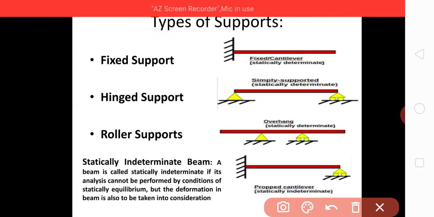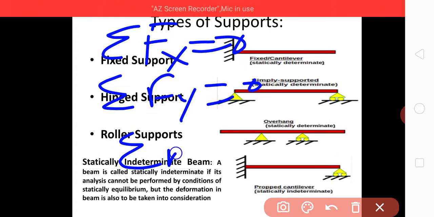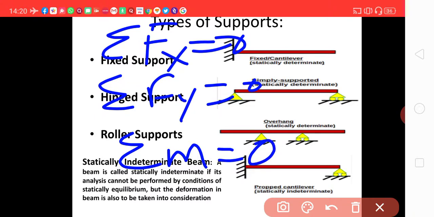Statically indeterminate means a beam for which we cannot give a complete solution with the use of the conditions of static equilibrium for a coplanar non-concurrent force system, that is, summation Fx equal to 0, summation Fy equal to 0, and summation M equal to 0.